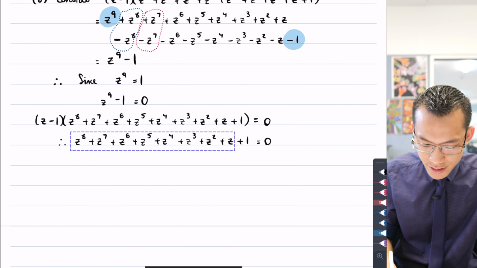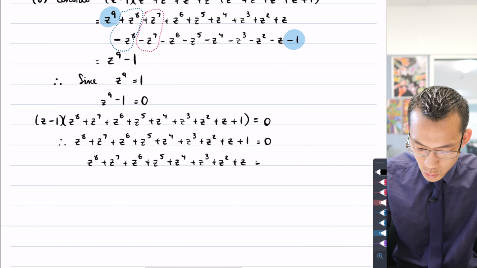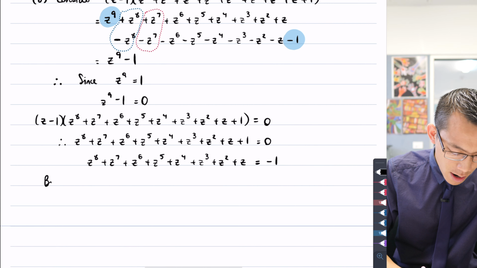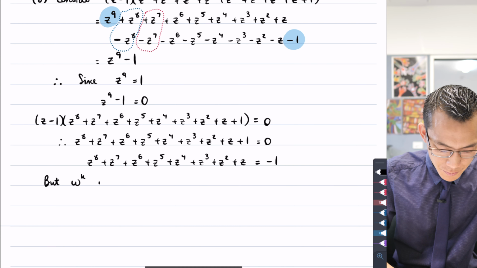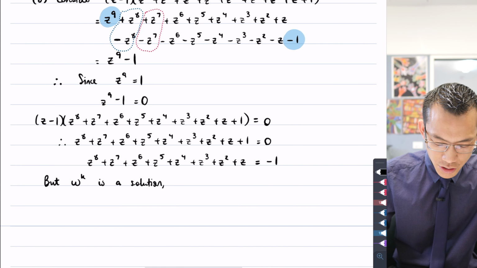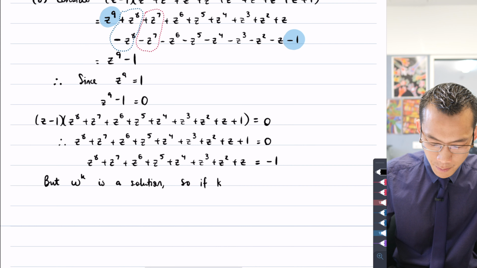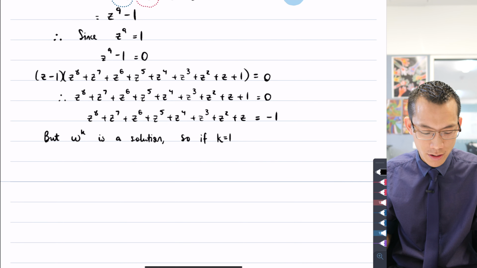So let's go ahead and do that. I'm going to subtract 1 from both sides. There were a couple of steps I just described there. So that equals -1. But omega to the power of k is a solution. So if k equals 1, then I'm putting in omega to the power of 1 as a solution.